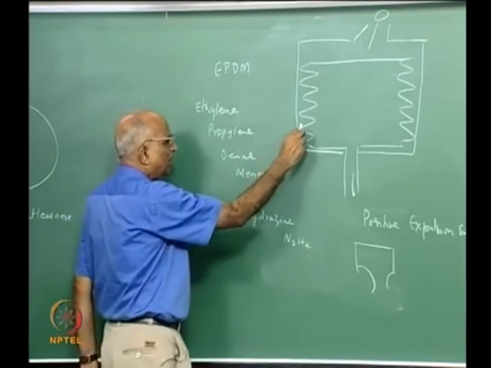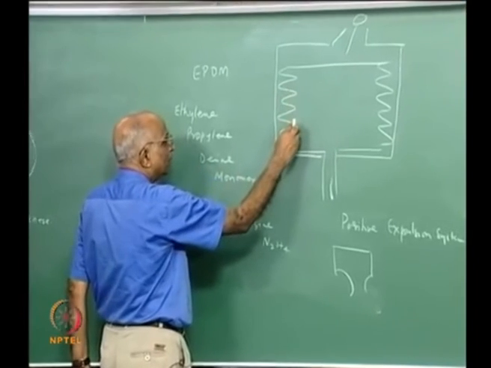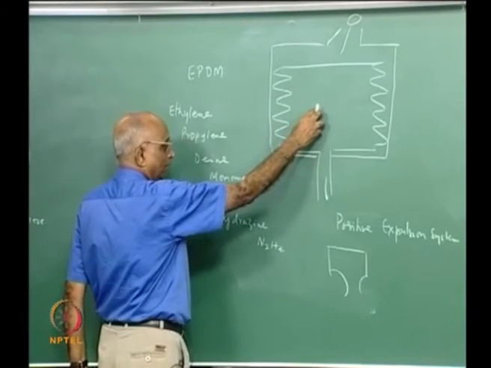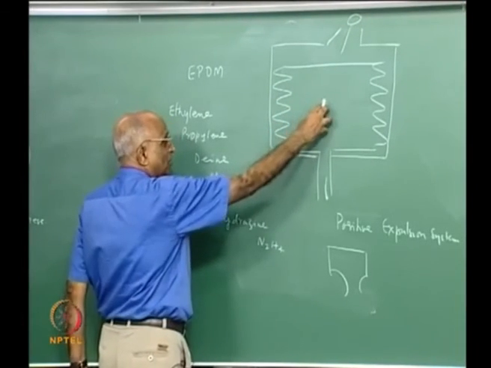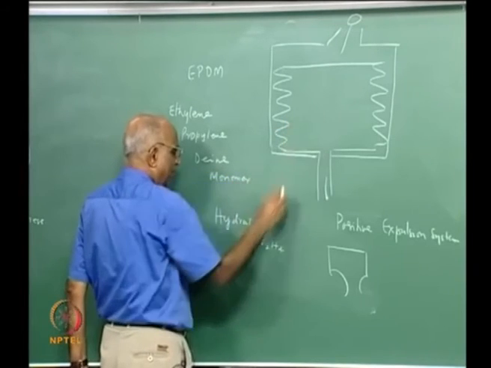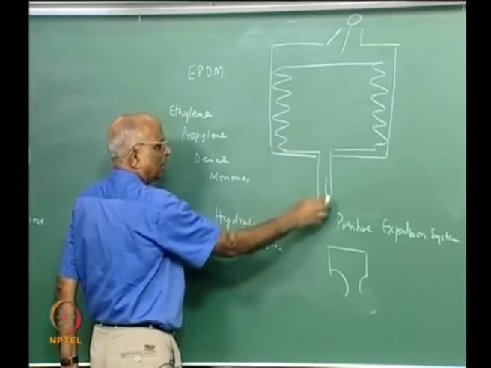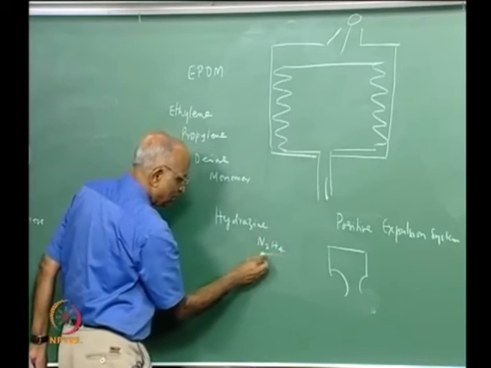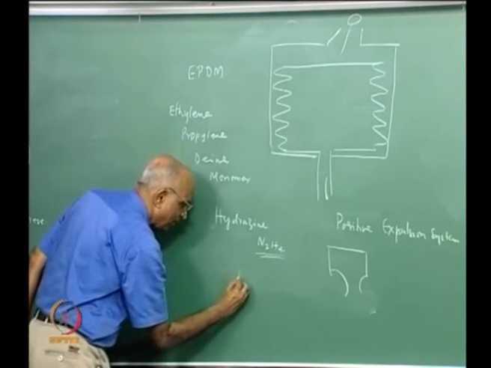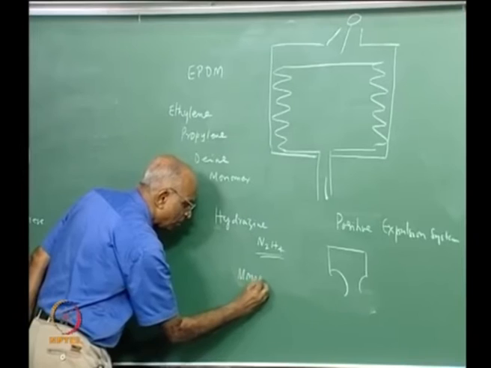This diaphragm material should not get dissolved, because even trace quantities getting in may affect the performance later. We will study this maybe in the next class, wherein I will deal with monopropellant thrusters.